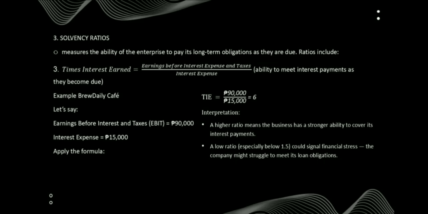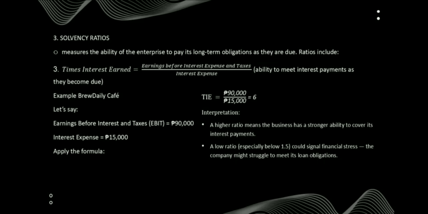The activity ratio, which includes, number 1, accounts receivable turnover, with the formula: accounts receivable turnover is equal to net credit sales divided by average accounts receivable. Number 2, average collection period, with the formula: average collection period is equal to 365 days divided by the accounts receivable turnover.